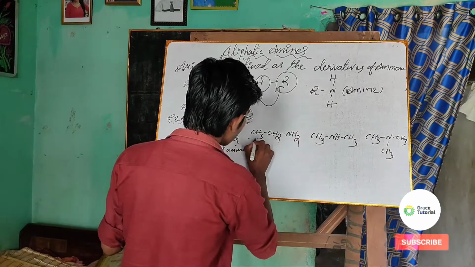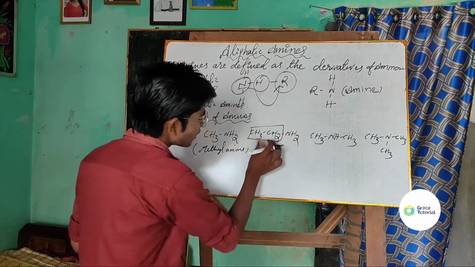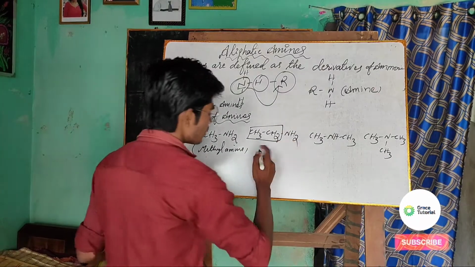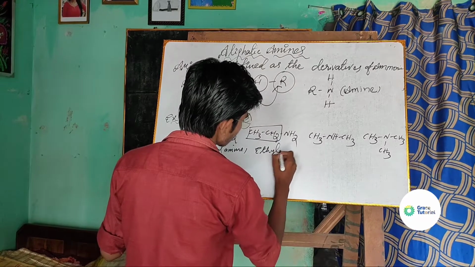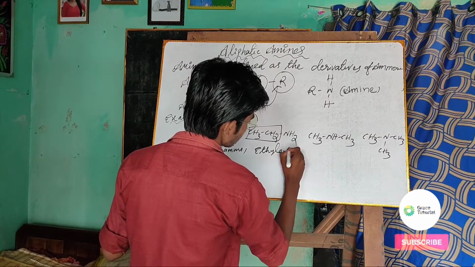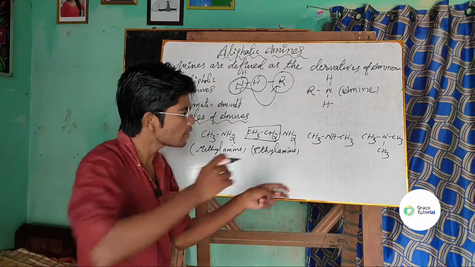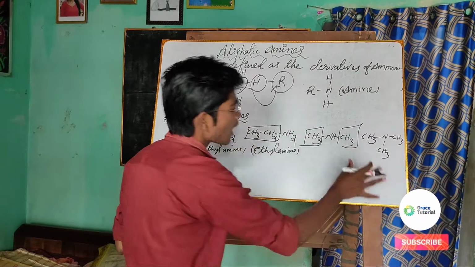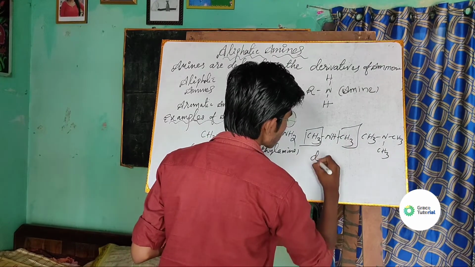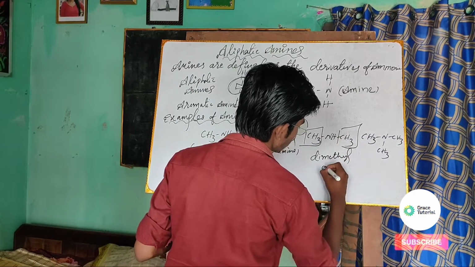Similarly, what is the name of this compound? This is ethyl, and this ethyl is connected with amine, that's why this is ethylamine. Similarly, here also amine is there, but here two methyl groups are attached, that's why the name of this compound is dimethylamine.